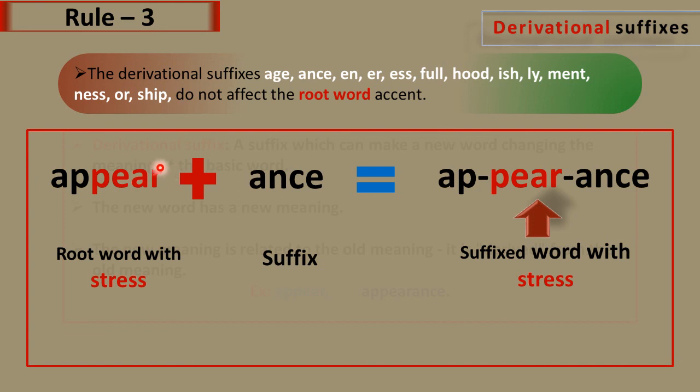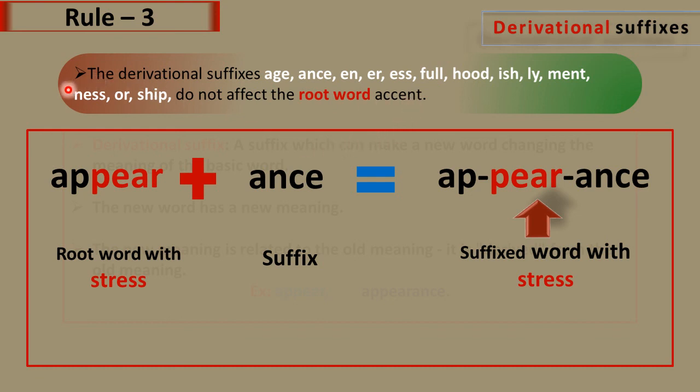In the root word, the syllable "peer" is stressed. After adding "ance" also, where is the stress? In the suffixed word, again on the same syllable, that is "peer." And what is the meaning? The derivational suffix "ance" or any other does not affect the root word accent.